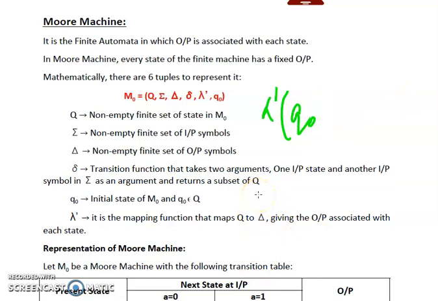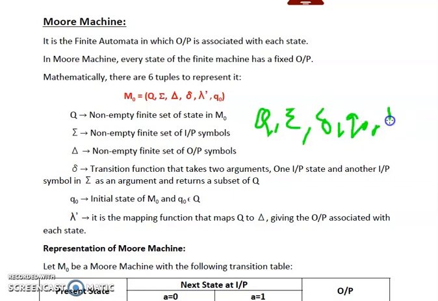Now, if we compare the tuples of the Moore machine with the tuples of DFA, so let's write the DFA tuples over here. So capital Q, summation, then there is delta, then Q naught, and then there was a F. So if we talk about the tuples of DFA, there are some common tuples.